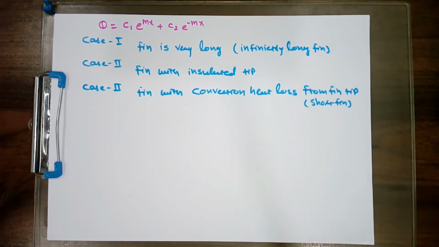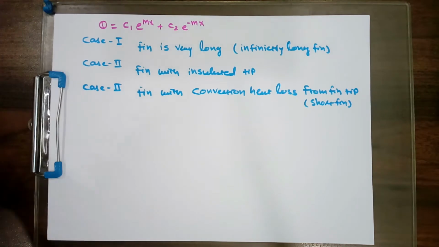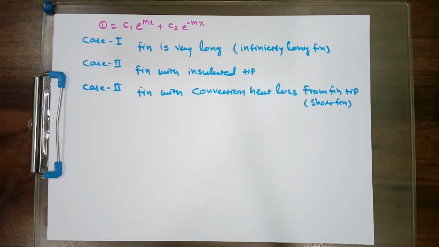So we have to discuss the three different cases in today's lecture. Let us go into the discussion and the derivations of the rate of heat transfer as well as the temperature distribution profile in all three cases.